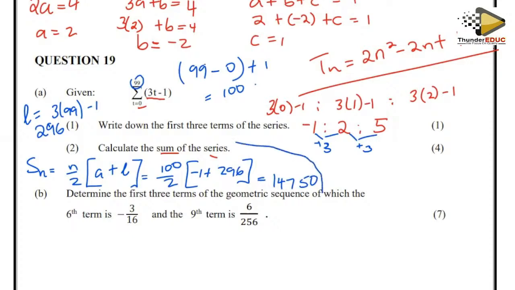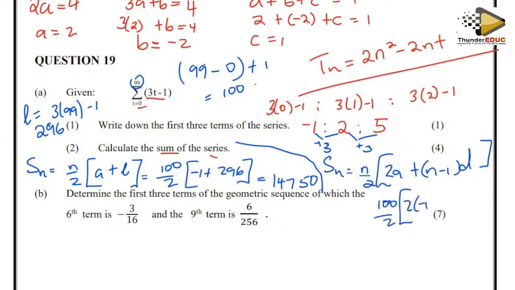Now, what if I use the original approach of saying Sn is equal to n over 2 into 2 times a plus n minus 1 into d. Just want to see if I get the same thing. So the number of terms will still stay the same. That's going to be 100 over 2 into 2 times -1 plus 100 minus 1, that is 99, times the common difference, which is a 3.